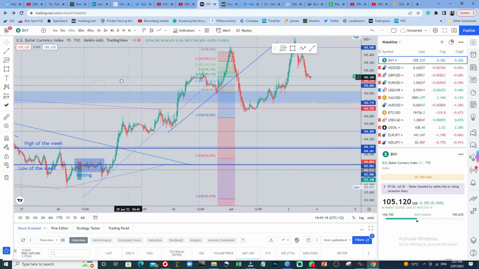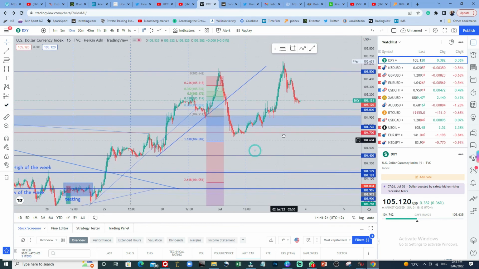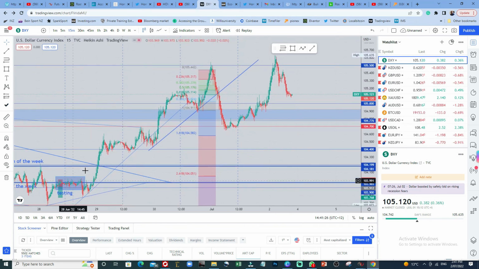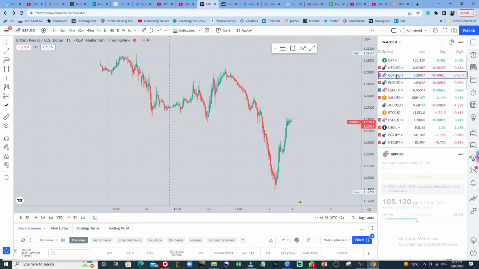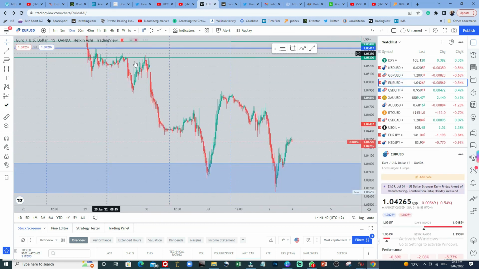So you can see the direction of the DXY graph to measure the strength of the US dollar, and you can see that in this previous week, the US dollar gained a significant push to the upside. So any pair that has the US dollar as its quote will fall down. See it, downward trend. Euro, downward trend.